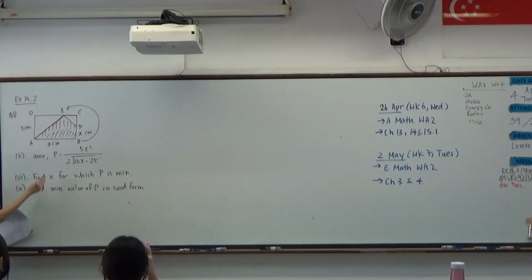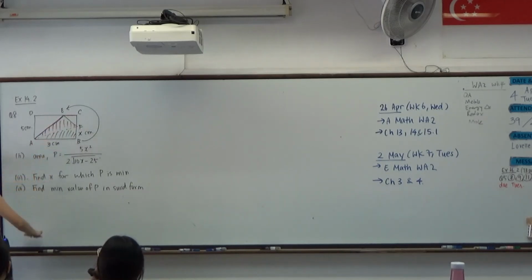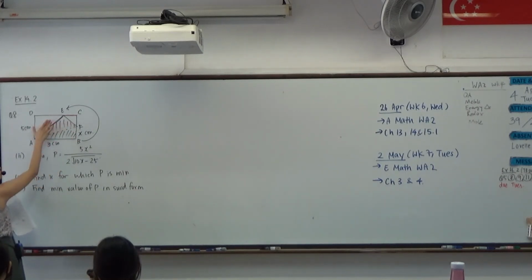If you cannot imagine it, you can literally go and fold your piece of paper. Take this edge and fold it up so that you can imagine what's going on. You will find that this AB being YCF upon folding up means that this purple line over here is actually also YCF. Then when we fold it up, while this is going to become YCF, this X portion is going to be equal to EF.